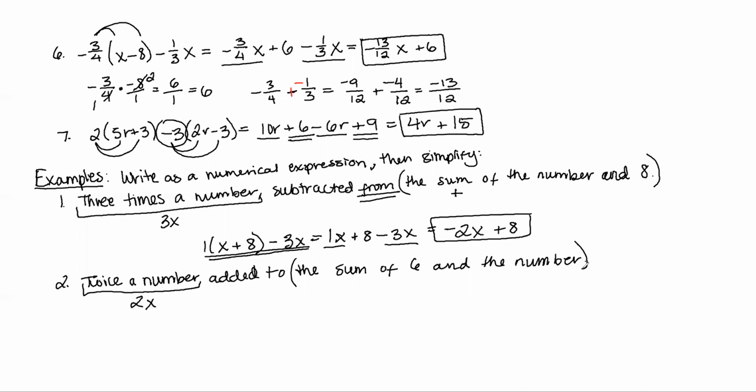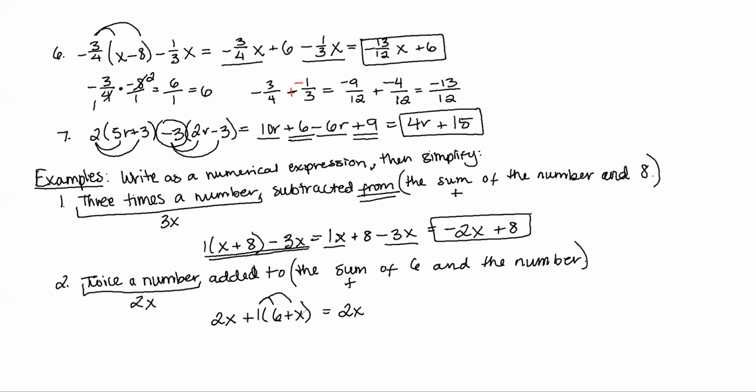And so adding is commutative. Doesn't matter which order you put this in. So I'm going to go ahead and do the 2x first, adding that to parentheses, the sum, that's addition, of 6 and the number, so the same number x, so 6 plus x. And now again for this one, if we think of this as a 1 in the front, we want to distribute that in first, leave the 2x in the front.